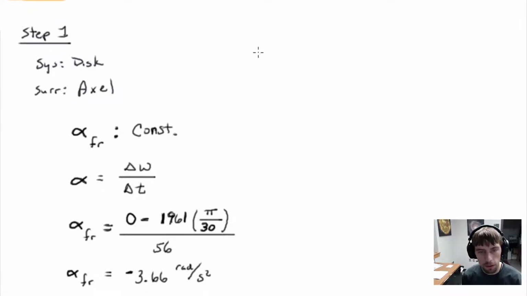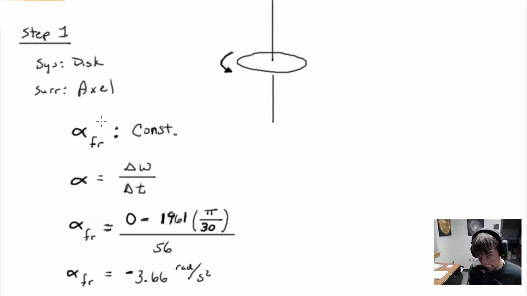So say, for example, okay, well, here's my disk, and let's say that the motion of the edge of the disk is in this direction. Right. So I can use my right-hand rule. I use my right-hand rule, the shortcut, and if I wrap my fingers in the direction of the motion, my thumb tells me the direction of the angular velocity.